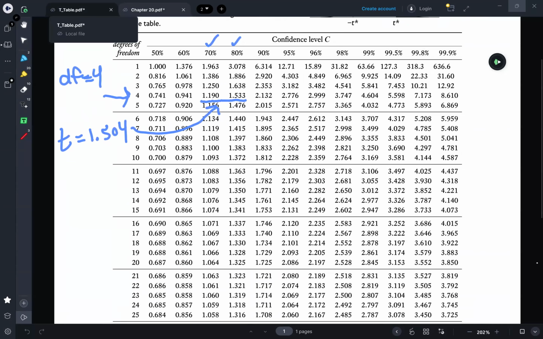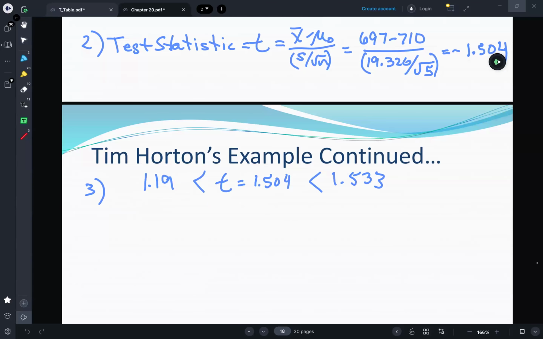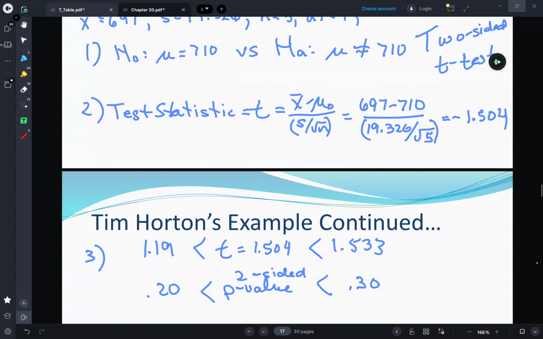And that corresponded to a p-value, and this was a two-sided p-value, between 20 and 30%. So our t of 1.504 fell on the table on 4 degrees of freedom.